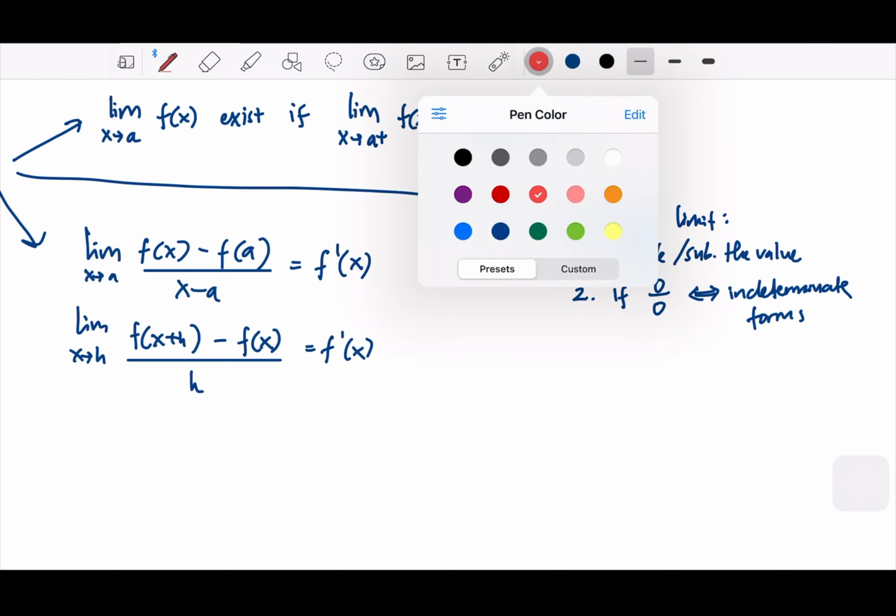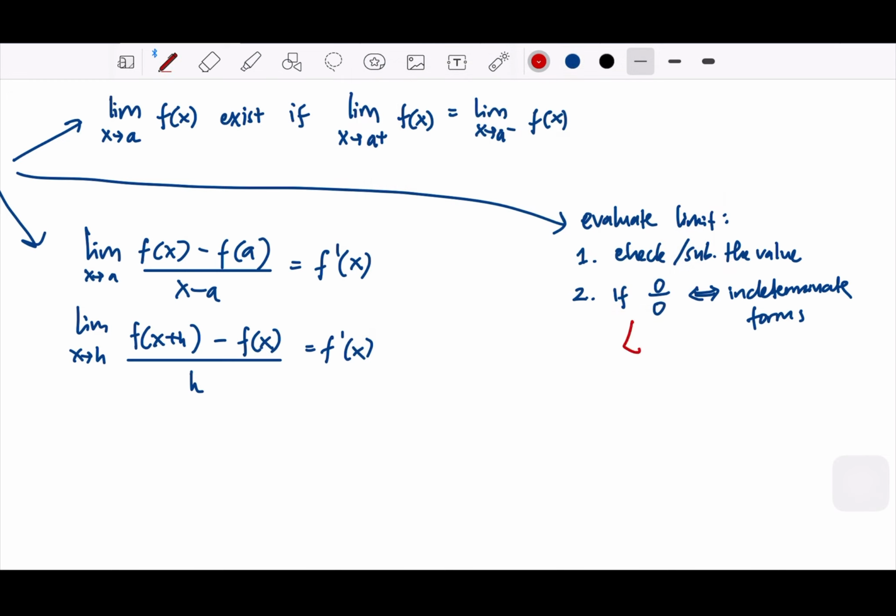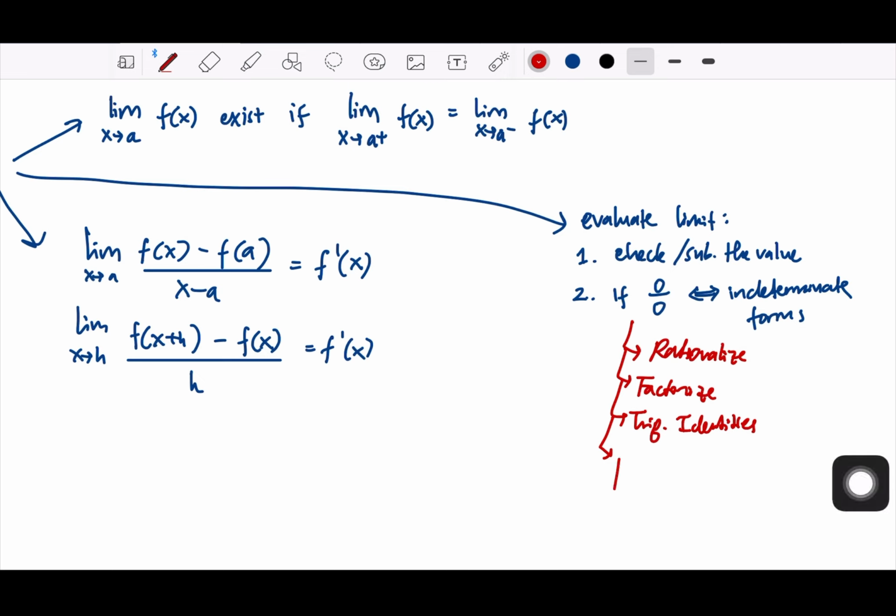For indeterminate forms, you can try to rationalize, factorize, or if it is trigonometric, you can use trigonometric identity. Or from chapter 4, we know that we can apply the L'Hopital rule.